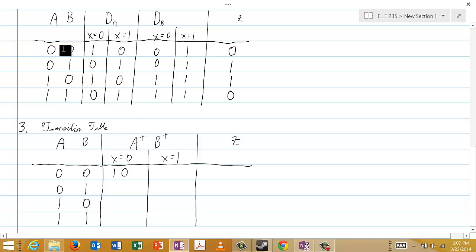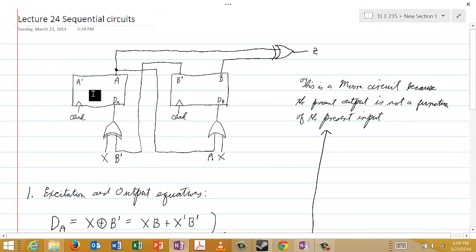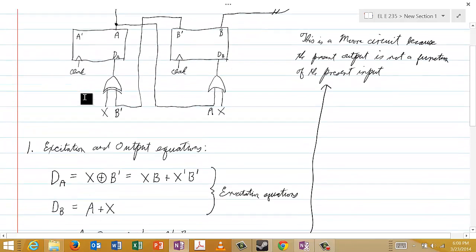Okay, present value of A is, as we see here, 0. That's the present value of A. And remember up here that A is referring to this D flip-flop.